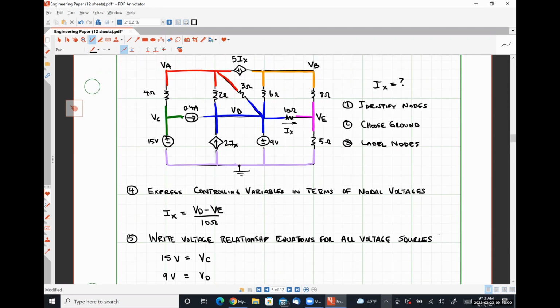All right, so what I'm about to do here is I am going to encircle what I'm going to call a super duper node for lack of a better term, okay? So I'm going to do the first one here in gray. And so there's a super node formed between node D and ground. So anywhere that I have a voltage source, I form a super node, okay?